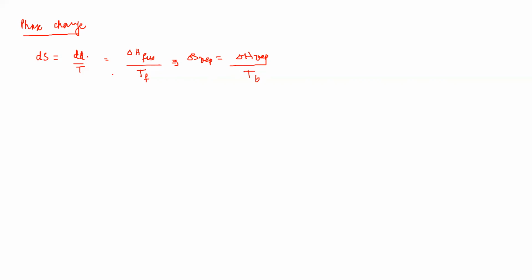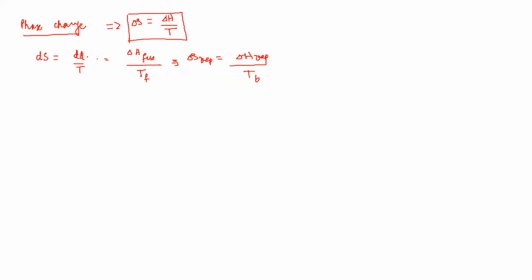So basically, in order to calculate entropy change for phase change, we need to find the enthalpy change during the phase change and the saturation temperature. Using that, we can get the entropy change.